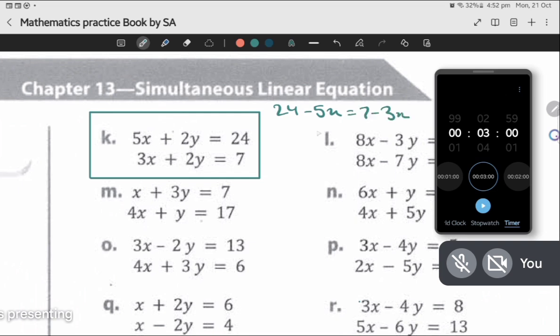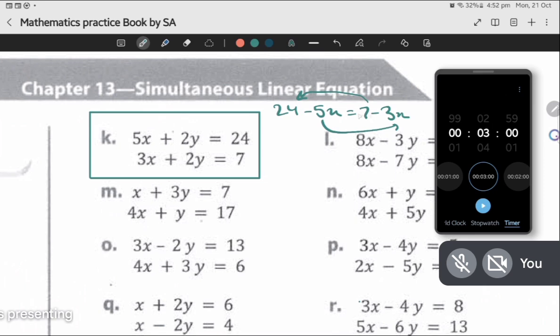Okay. Now you move the larger number and then you move this one there. Now tell me then. Is it 7 plus 24?